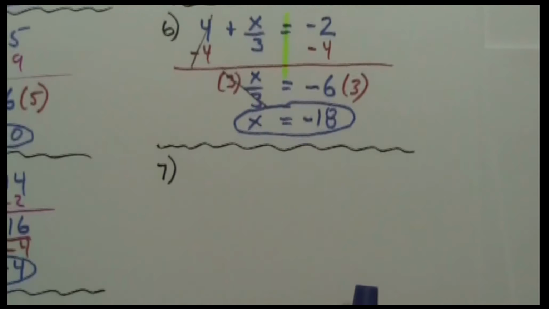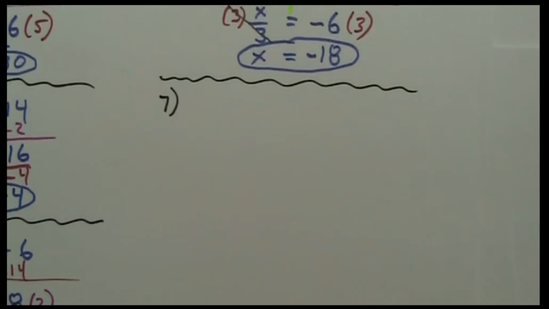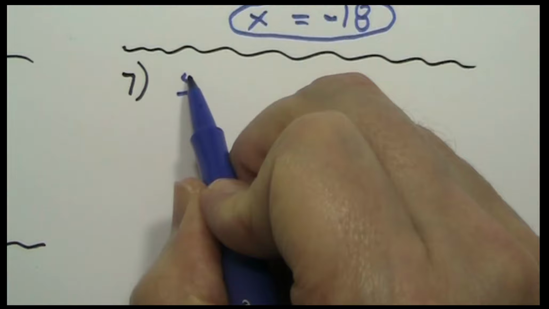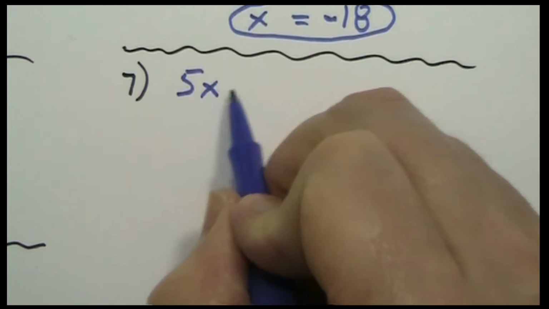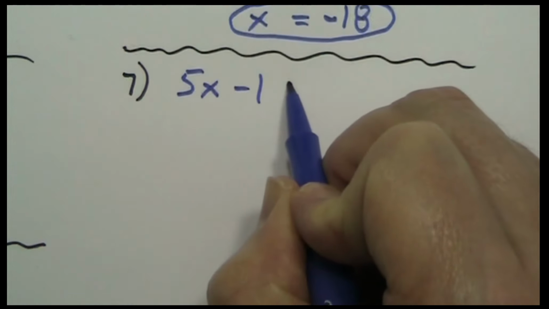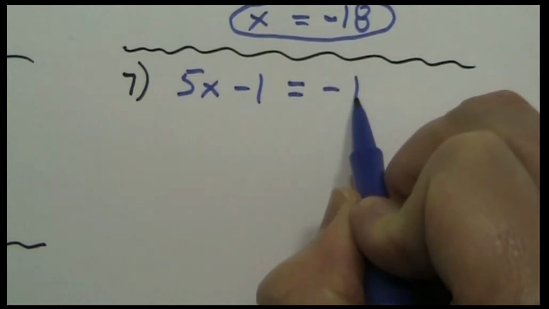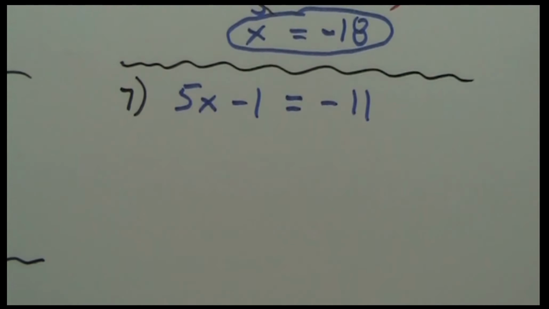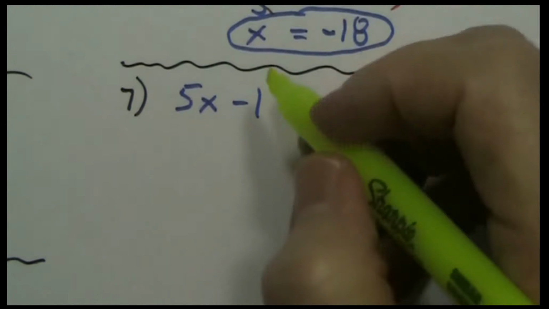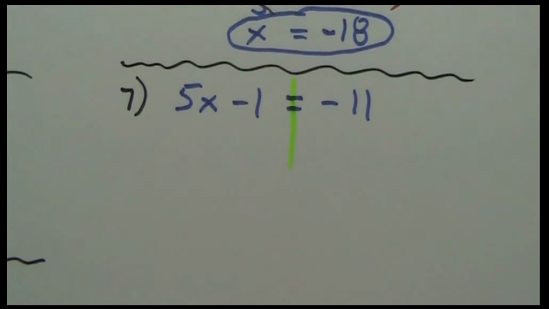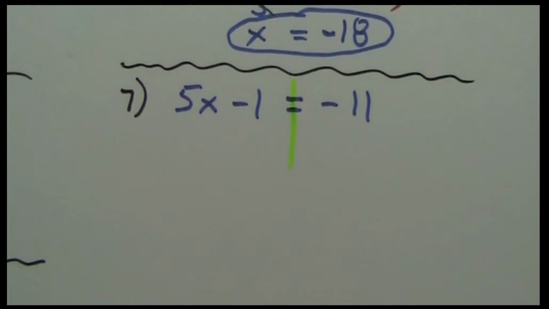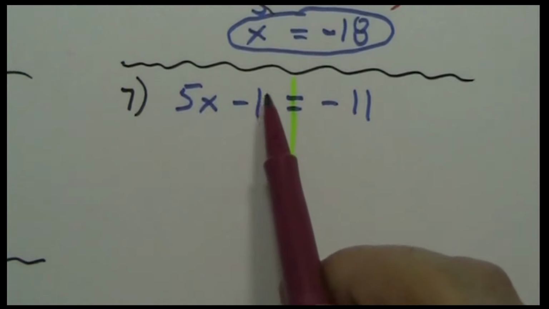Okay, number 7. Okay, our first step is to get rid of the constant.